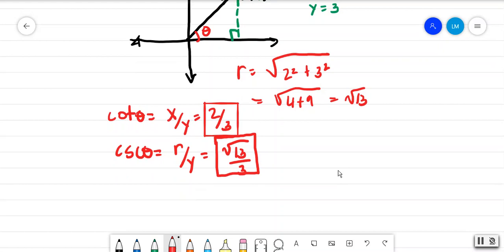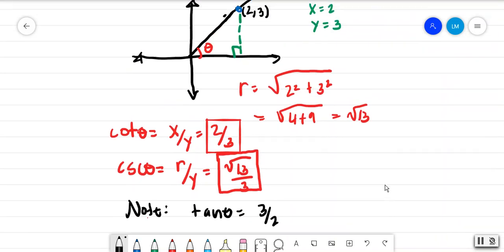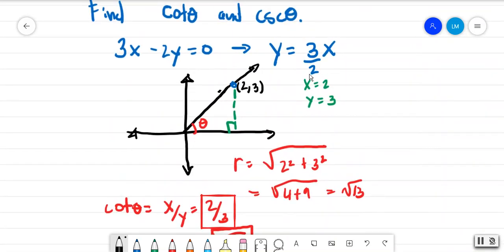Another thing that we can actually observe is that if you were to find tangent, we'll just put a note: tangent of theta equals 3/2. But notice something back over here. That's the slope.